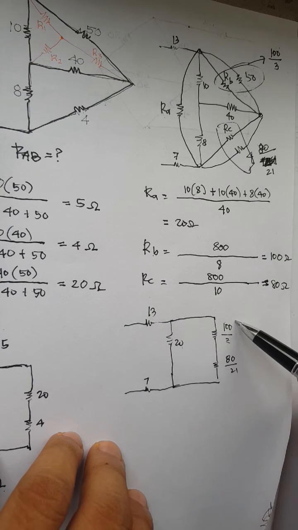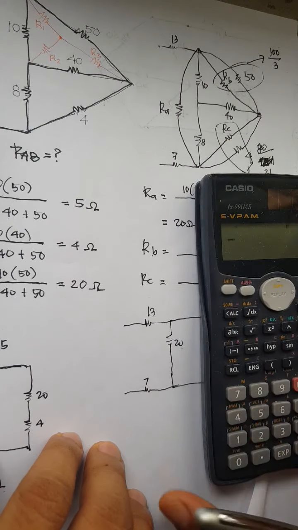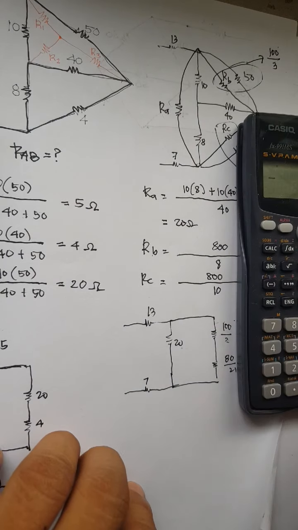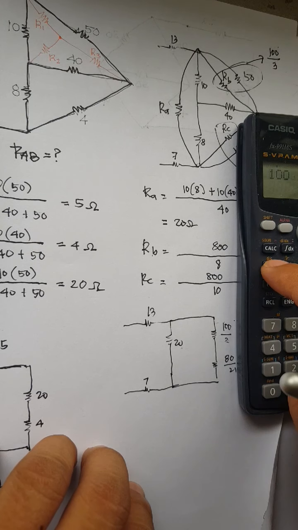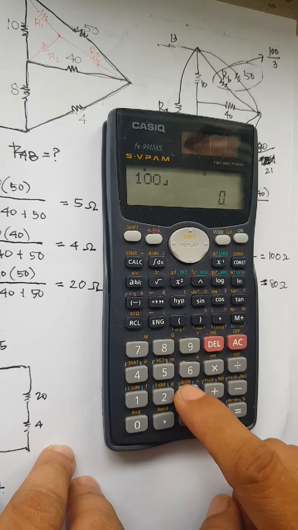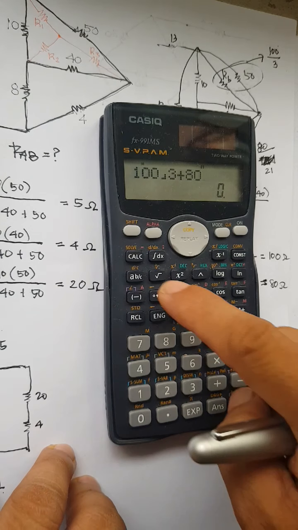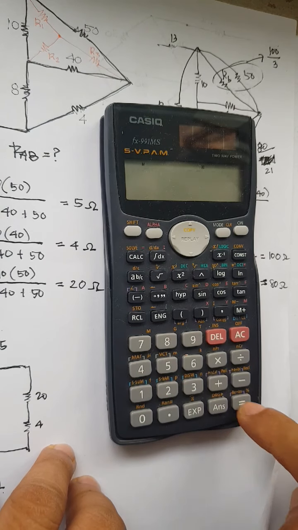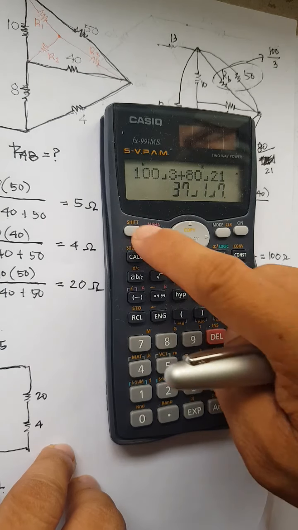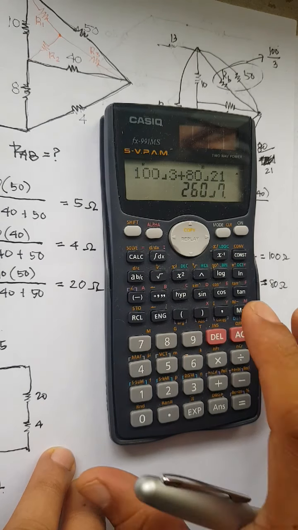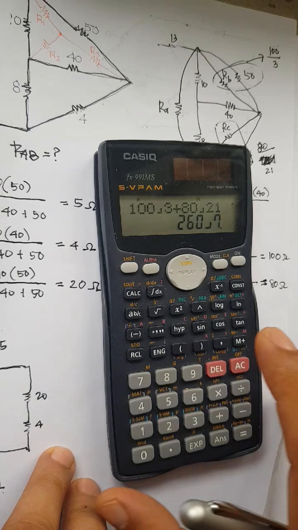So the combination of the whole entire of this, so let us compute. What is 100 over 3 plus 80 over 21? The answer is 260 over 7.